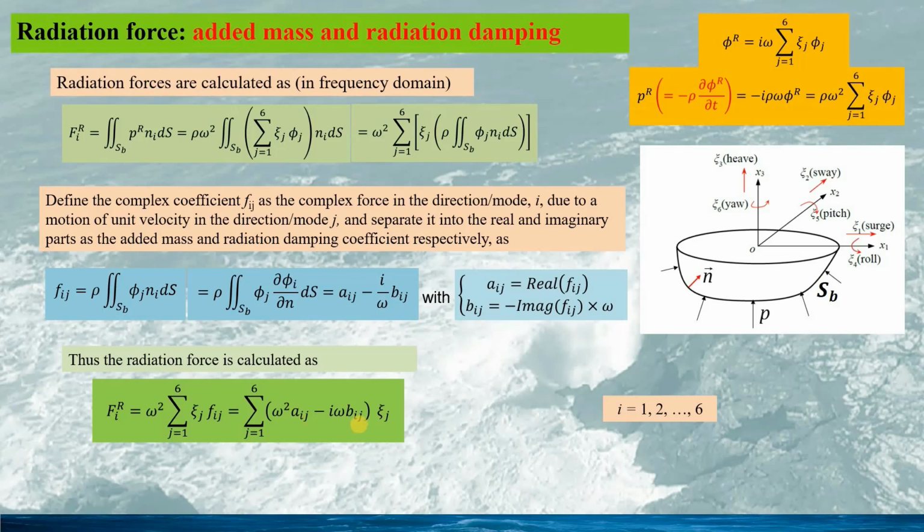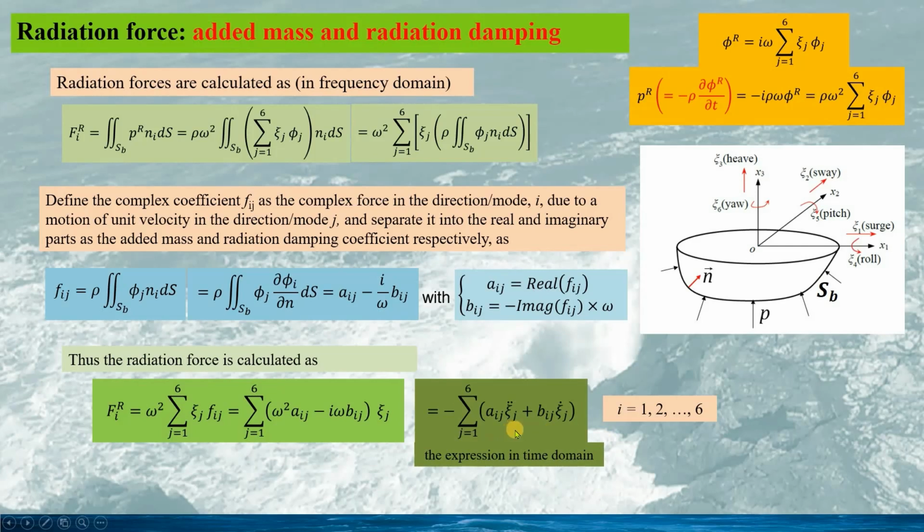This is the expression in the frequency domain. If we write the expression back into the time domain, we have the expression as this. So here we can clearly see that the added mass Aij is related to the acceleration, and the damping coefficient Bij to the structure velocity.